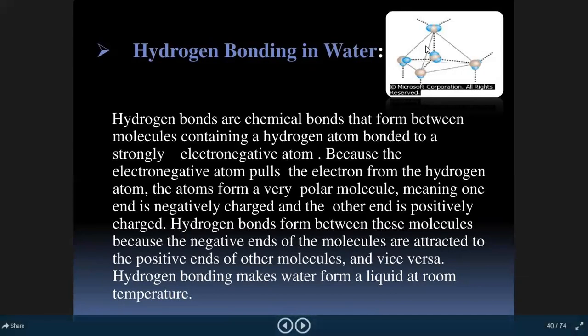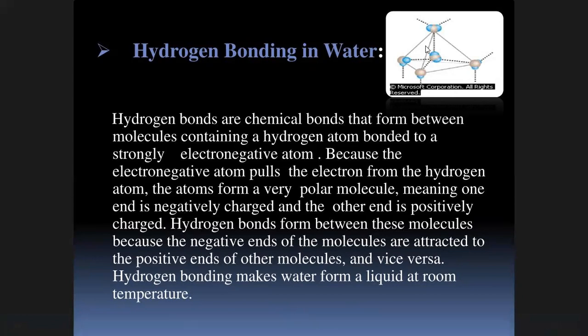So hydrogen bonds are chemical bonds that form between molecules containing a hydrogen atom bonded to a strongly electronegative atom. Because the electronegative atom pulls the electrons from the hydrogen atom, the molecule becomes very polar, meaning one end is negatively charged and the other end is positively charged.